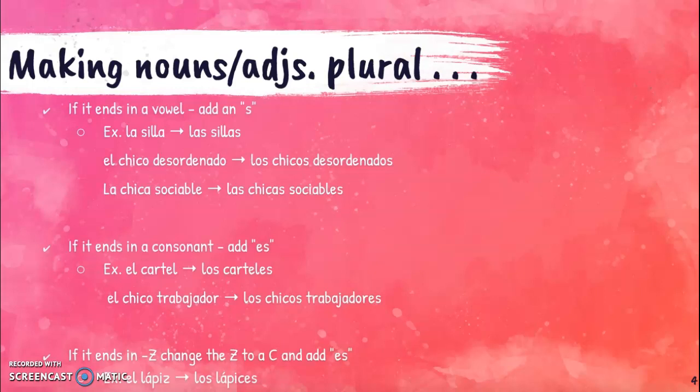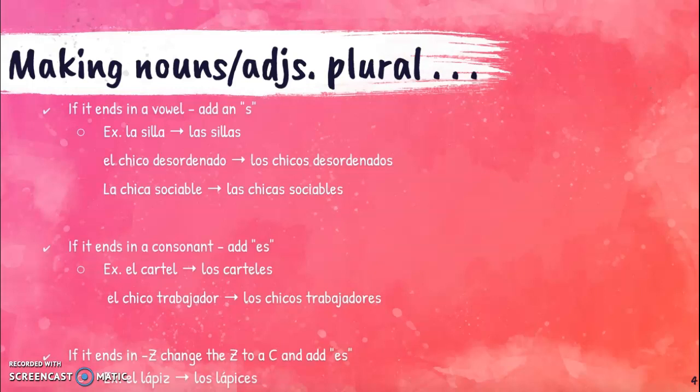Now we need to look at our adjective, sociable. It ends in an E. E is also a vowel, so all we are going to do is add an S. We are also going to change la to the plural form, which would be las. So la chica sociable changes to las chicas sociables.